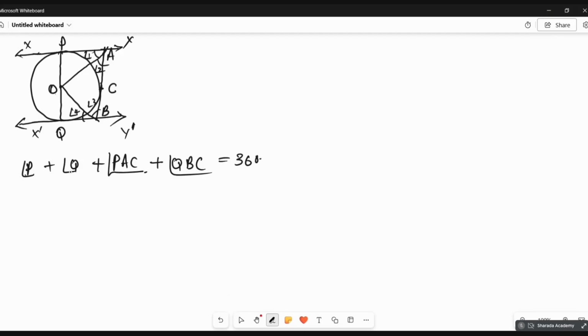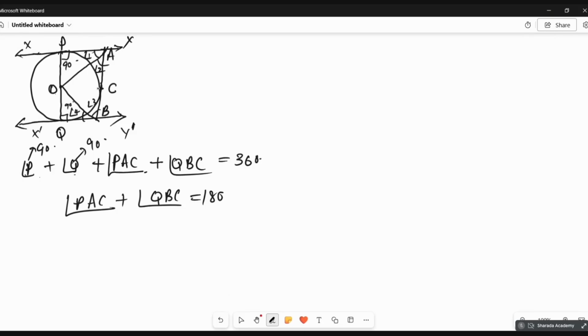P plus Q is what? P is 90, Q is also 90 degrees. So these two, what you will get? PAC plus QBC is equal to 180 degrees now. This is 90 and this is also 90, so these two together it is 180 degrees.